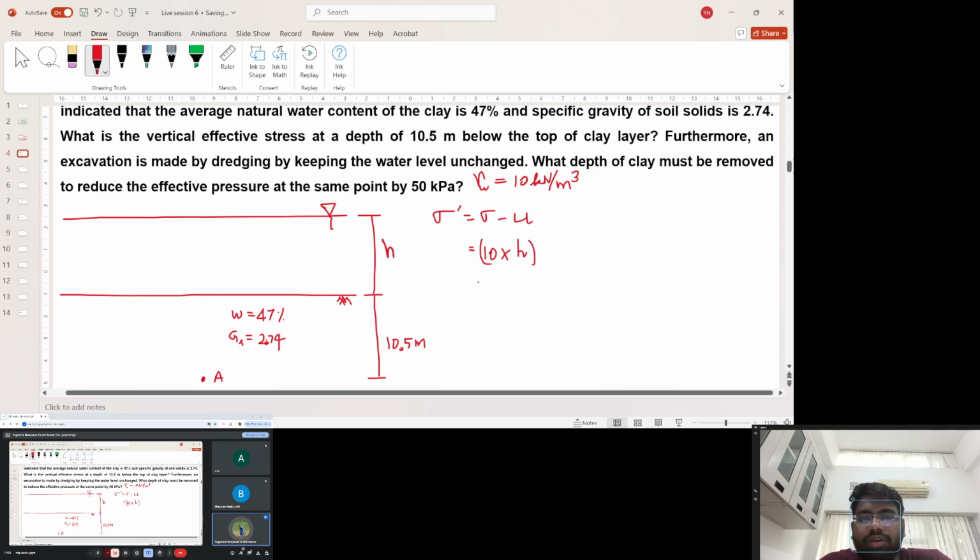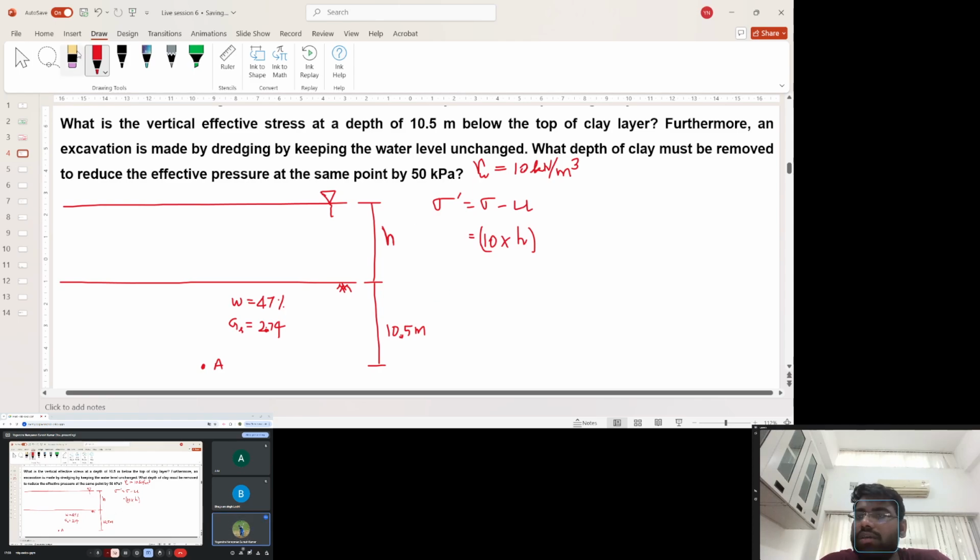First, initially we have to compute gamma sat. So let us come back again to this point. We need gamma sat. Since it is completely saturated, we can directly compute gamma sat, which is gamma w G into 1 plus w divided by 1 plus wG, since S is equal to 1.